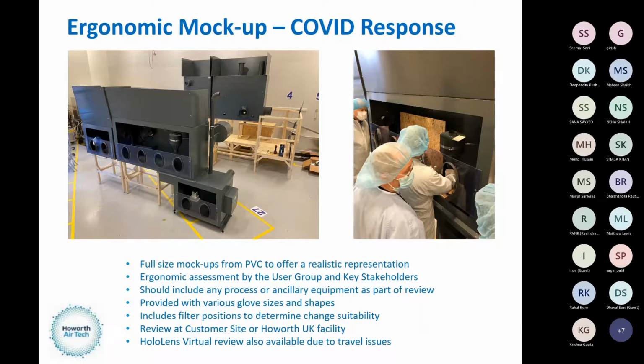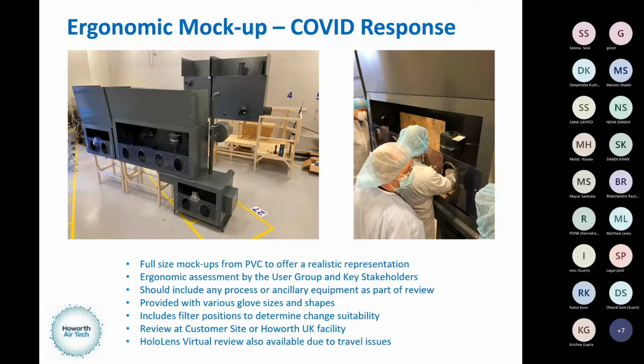Before we go into the detailed design and manufacturing, we will always do an ergonomic mock-up. In my opinion, this is probably the most important part of a containment project for isolators, because it's at this stage when the operators will be involved, when we can assess all the ergonomic operations.